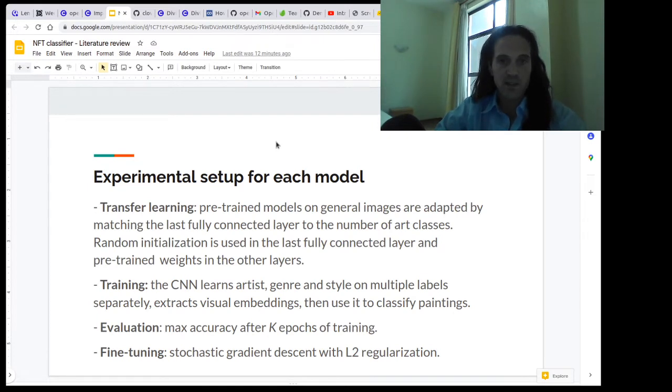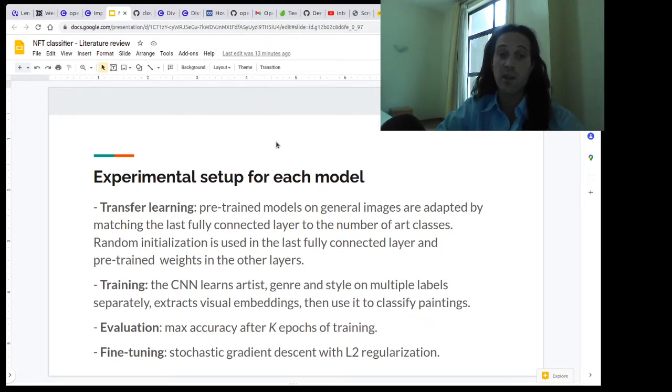The experimental setup for each model consists of transfer learning. They use a model pre-trained on general images, AlexNet actually, adapted by matching the last fully connected layer to the number of art classes, with random initialization in the last fully connected layer and the pre-trained weights in the other layers.